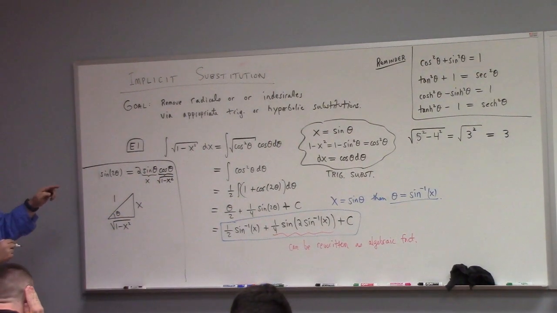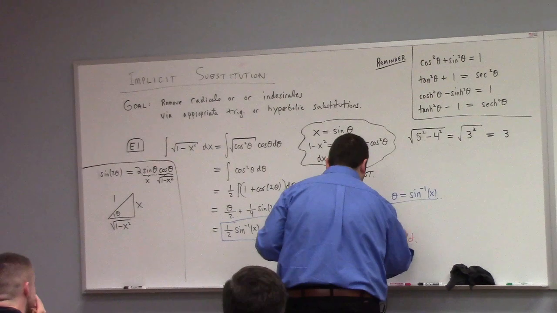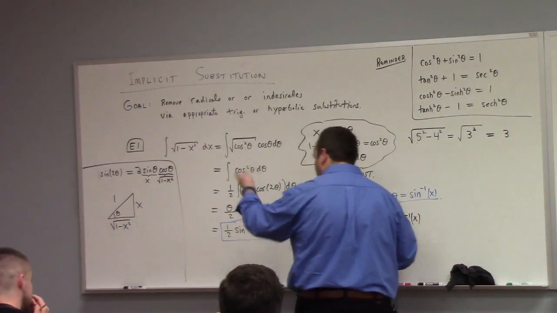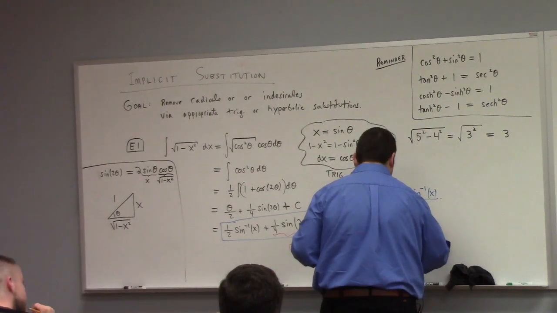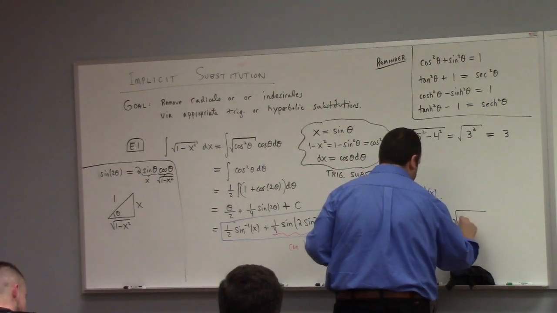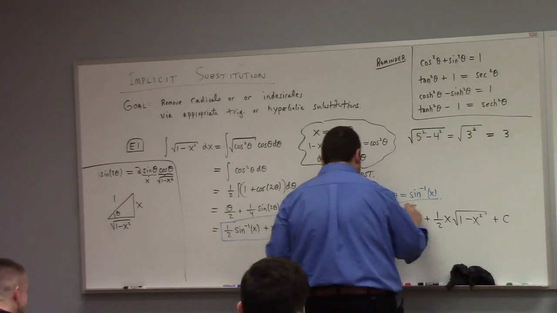So if we divide this by a fourth, what does it give us? We get a half, right? x times the square root of 1 minus x squared. And that's pretty much the best answer I can give here.